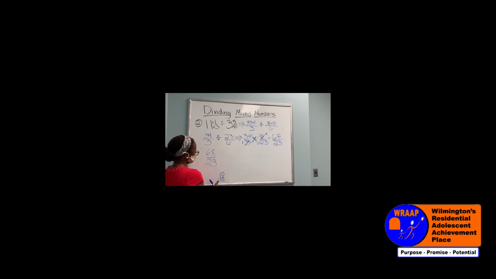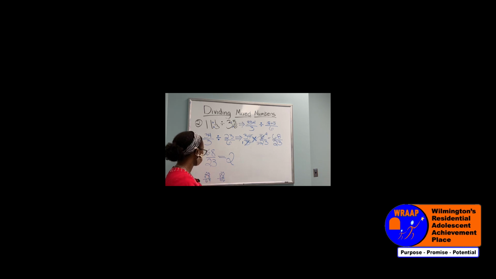Okay, that works, but maybe it goes into it 3 times. Let's see. 23 times 3. 3 times 3 is 9, and 2 times 3 is 6. Oh, we just missed. So we're going to go with 23 goes into 68 2 times, all right?